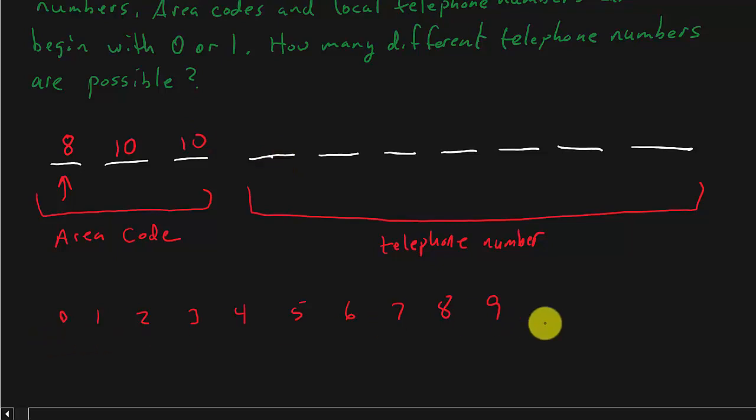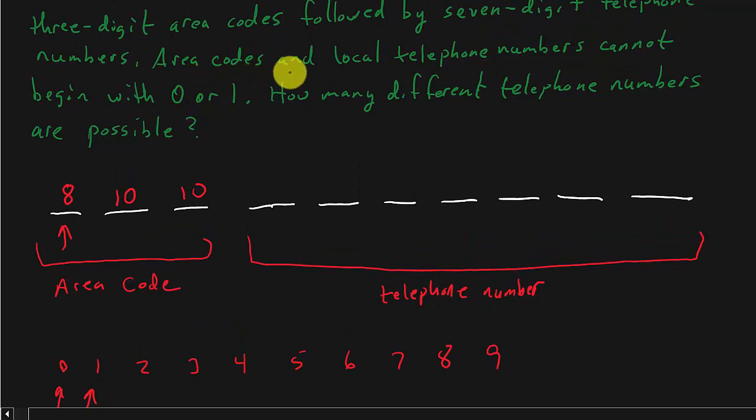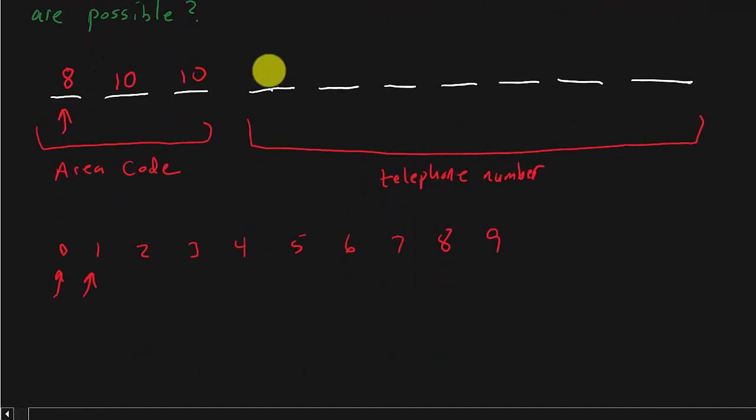There's 10 choices, but remember, local telephone numbers cannot begin with 0 or 1. So I cannot have a 0 or a 1 there. So I only have 8 choices for this spot. And for the rest of the blanks, there's no restrictions.